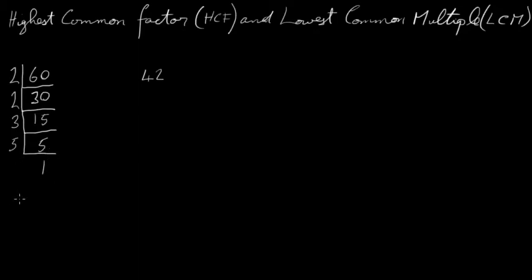So what you do next is write 60 as the product of these prime factors. So we get 60 is equal to 2 times 2 times 3 times 5, or 2 squared times 3 times 5.